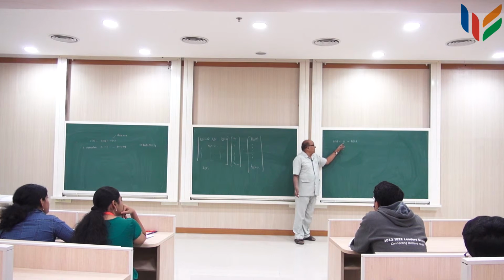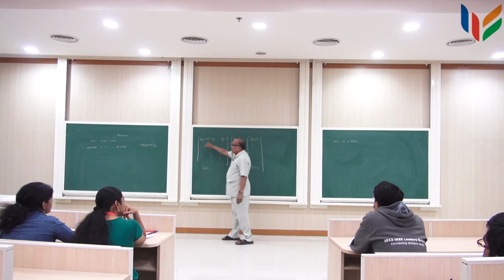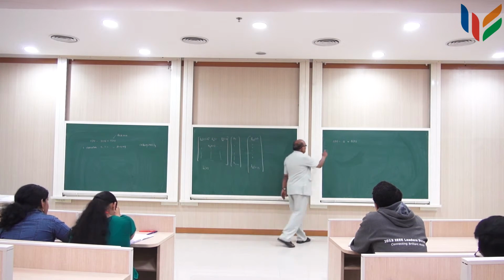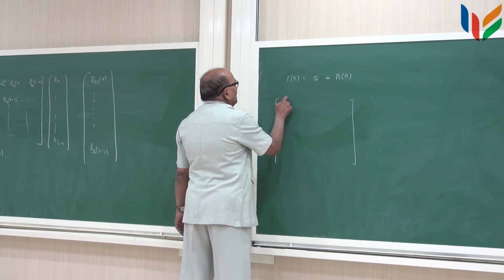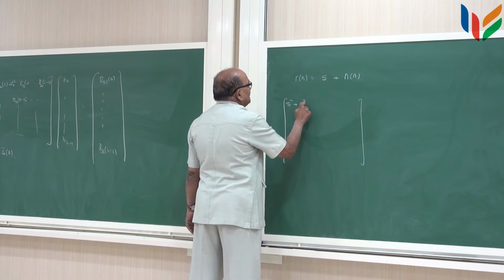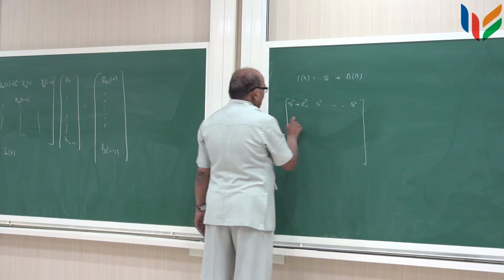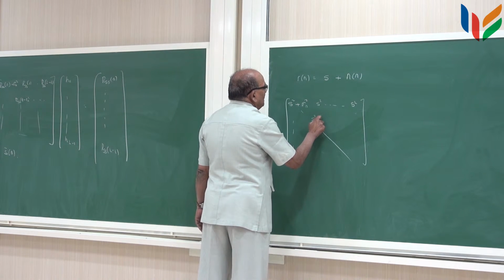So in every case it is S only. So this RSS component will become equal to S square. So this matrix moves into S square plus sigma square, S square, S square, like this, the diagonal values being equal to S square plus sigma square.